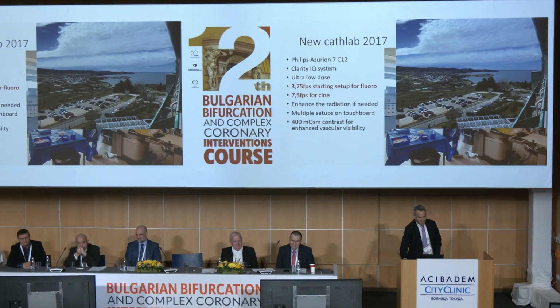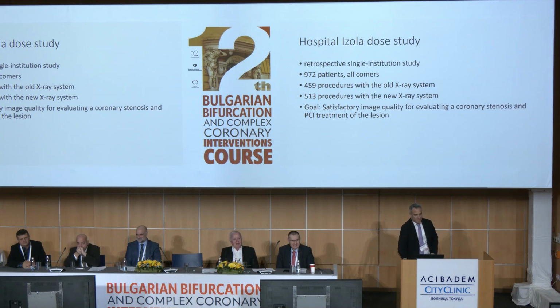Okay. So we did a retrospective study of 900 patients, all comers, 450 on the old cath lab and 450 from the new cath lab, and the goal was satisfactory image quality for evaluating coronary stenosis and PCI treatment of a lesion.